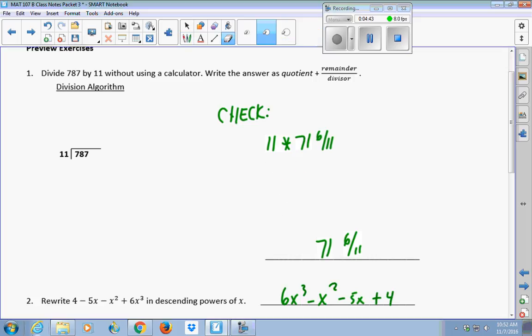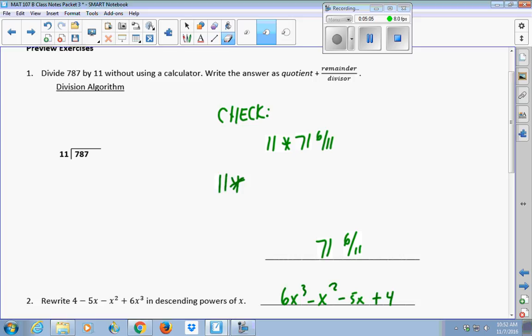You follow directions very well. With the line under it. 71 and 6/11 with the line under it. I don't understand. Danielle?